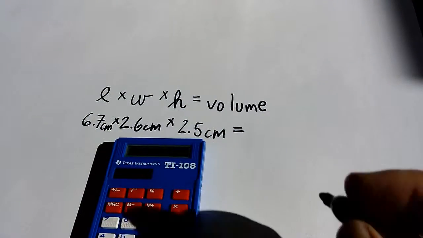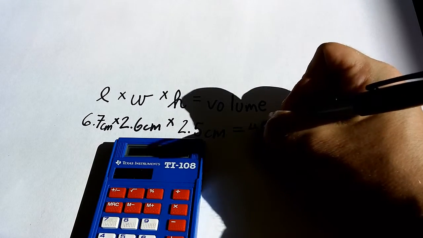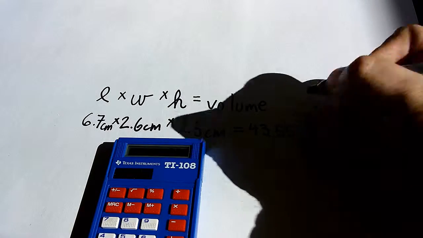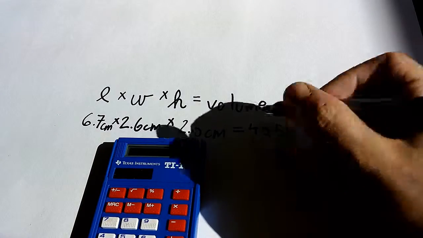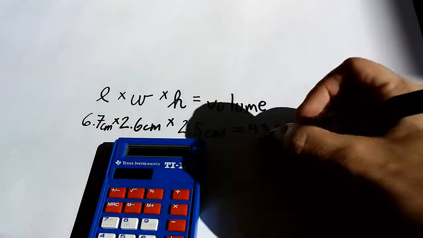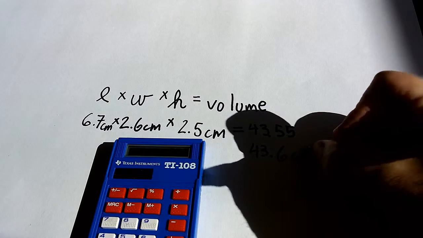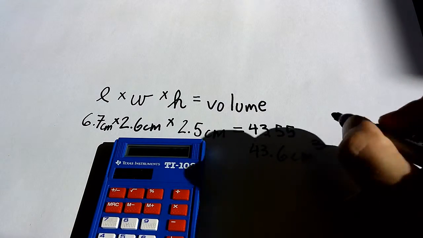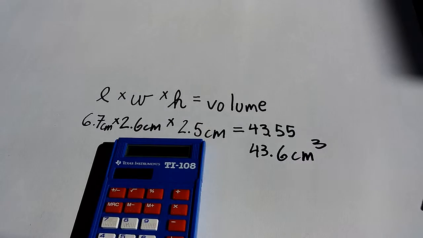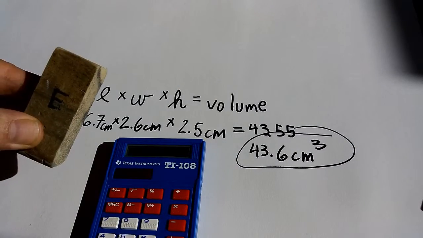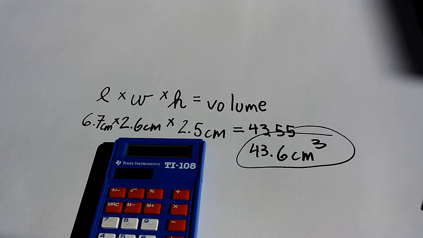And we come up with the number 43.55, and we will round that to the tenths place, since these start at the tenths place. And that is centimeters cubed. So this is our answer here for the volume of this regularly shaped block.